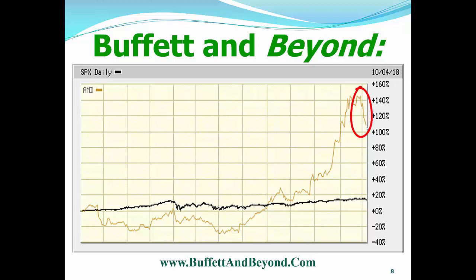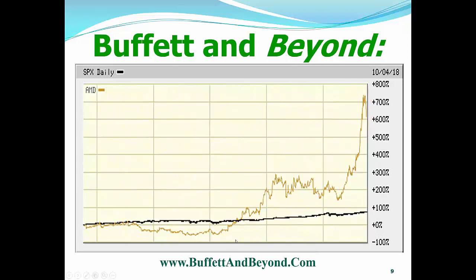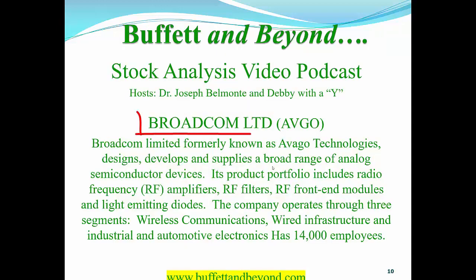And guess what? We're having a little trade skirmish with China. And then looking at the 5-year return, you can see that when it just started making money, this company started going up, and then it took a year in hiatus right in here, and then all of a sudden off to the moon.